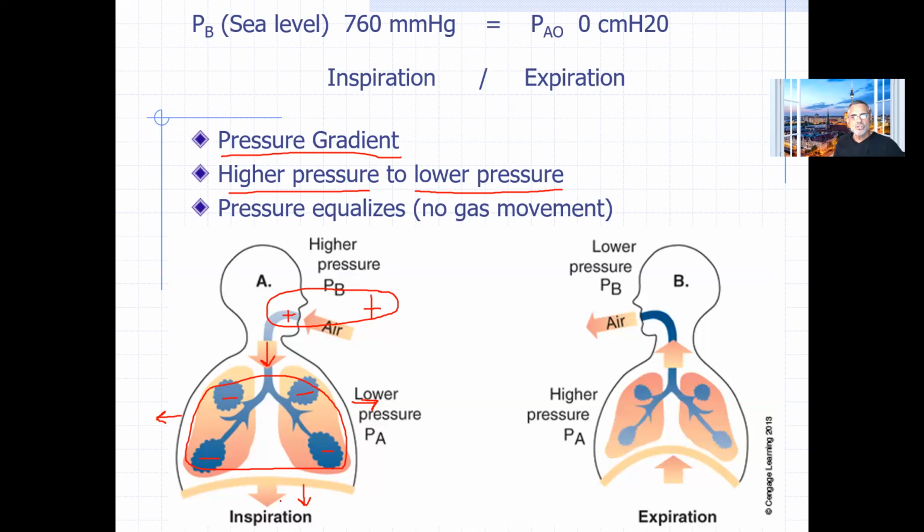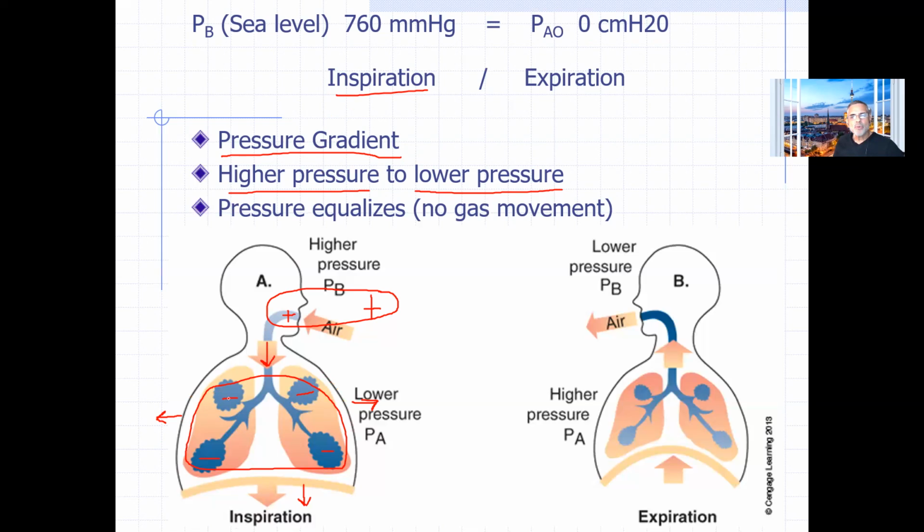All right, so again, during inspiration, we see first the energy being exerted by the muscular activity, contraction, moving the diaphragm down, moving the intercostals and the chest wall out, causing the chest wall itself to become bigger and more negative.